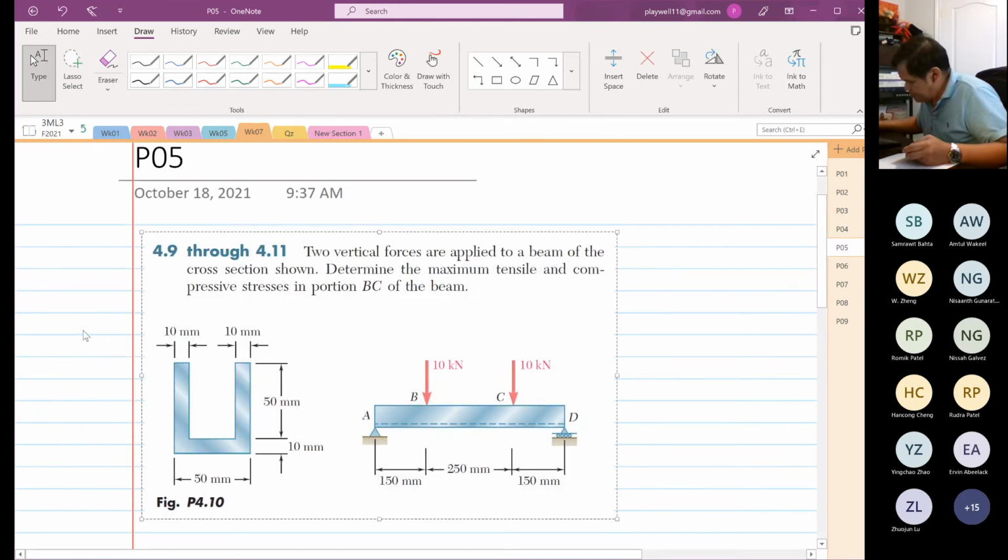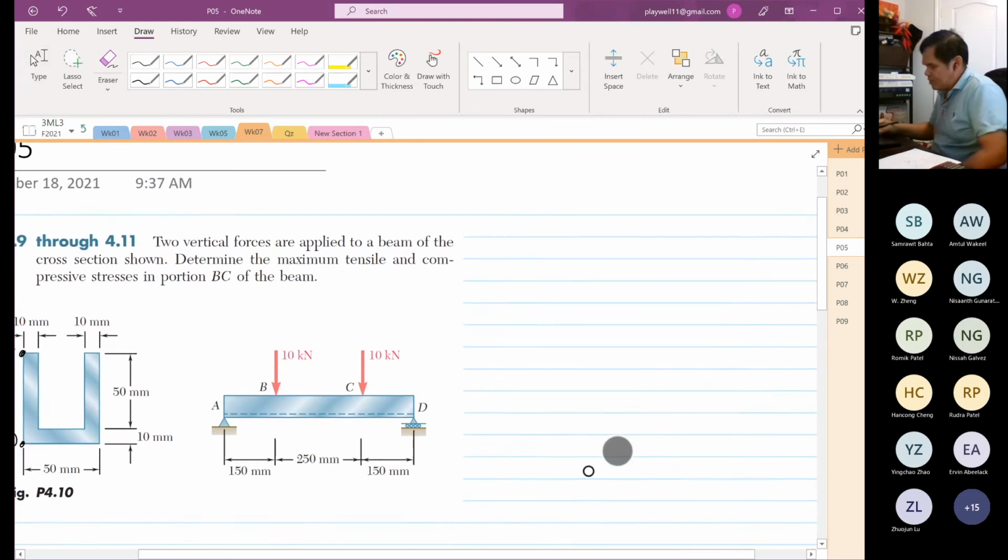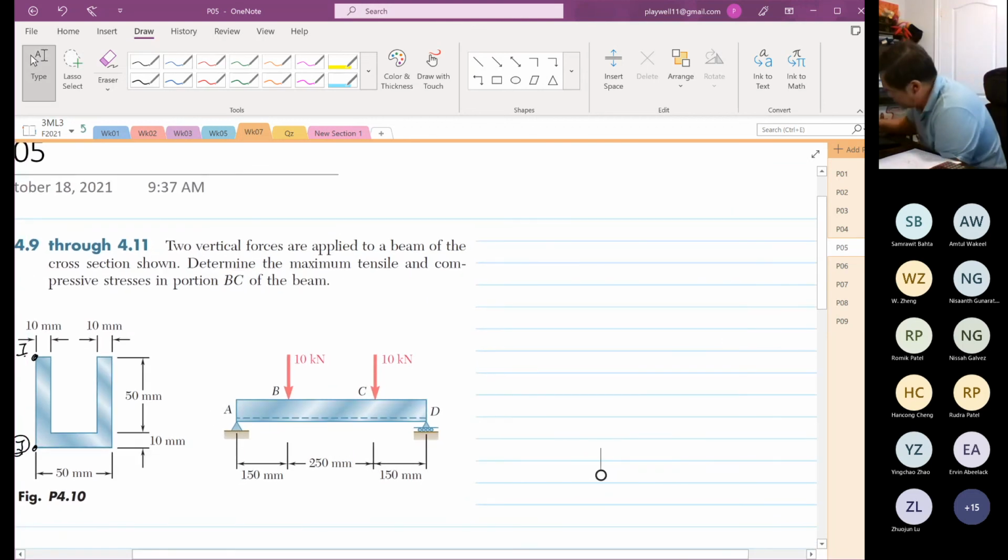Now I'm going to call this point I, and we're going to call this point J. Or alpha, beta, whatever. So we're going to find stress X at point I, right? And we know that it's going to be compression, right?